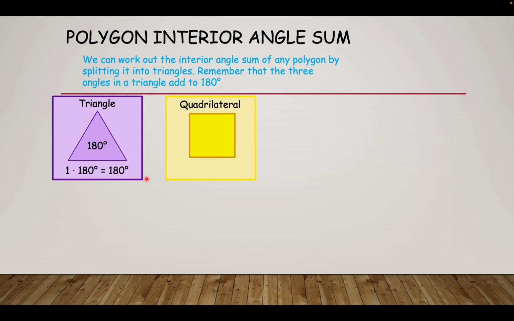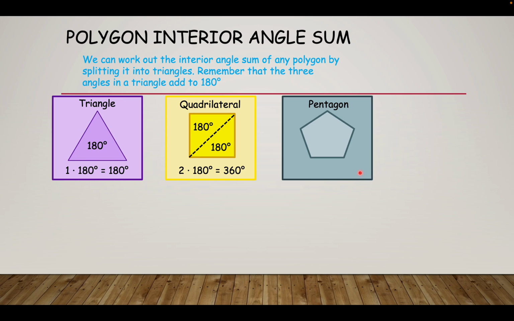Now, if we had a four-sided figure, that's called a quadrilateral. And if we split it into triangles, so we cut it in half, each triangle is worth 180 degrees. There are two triangles in a quadrilateral, so that would be 2 times 180, meaning any quadrilateral has a total interior angle sum of 360 degrees.